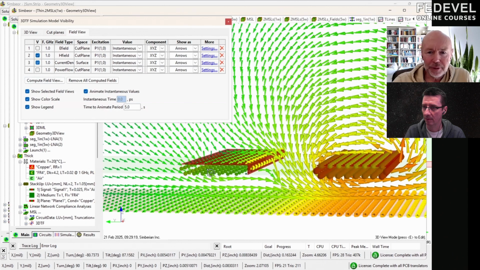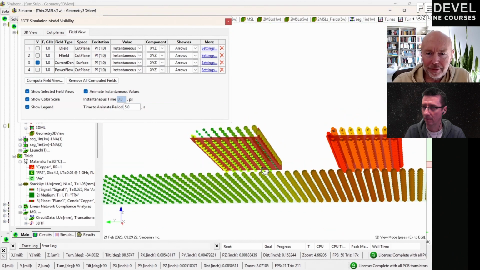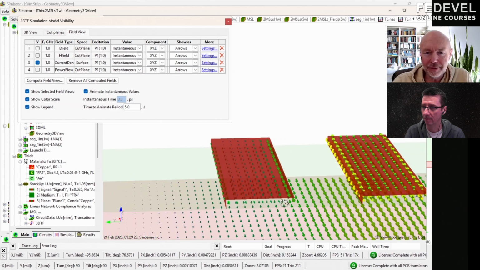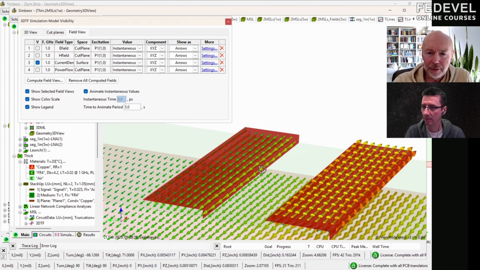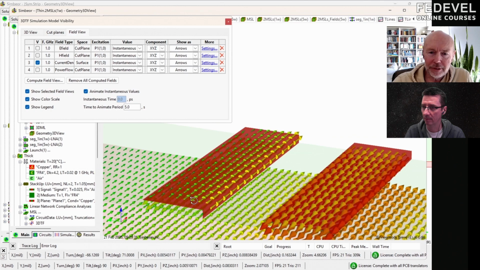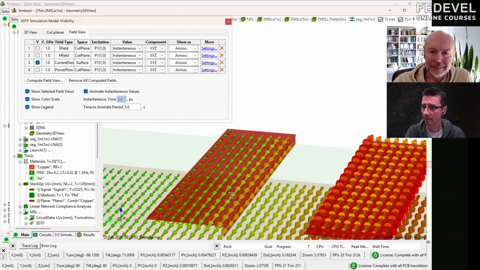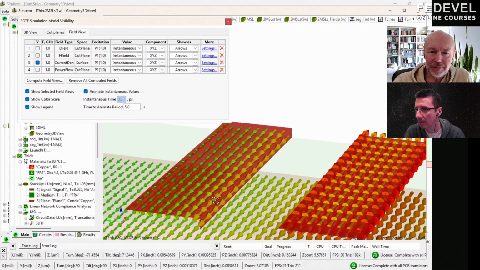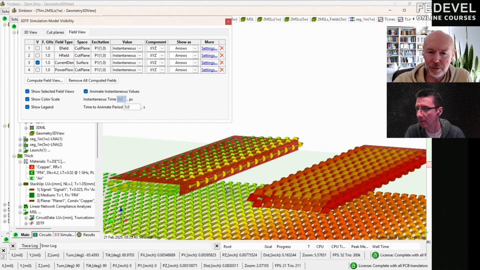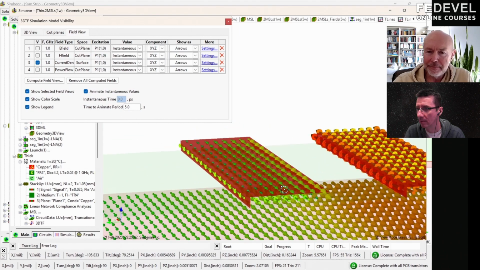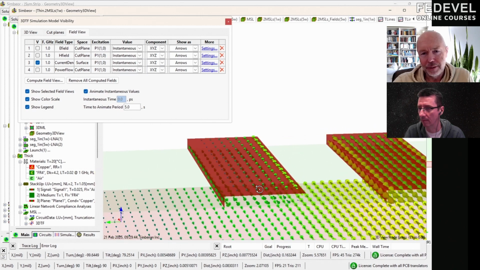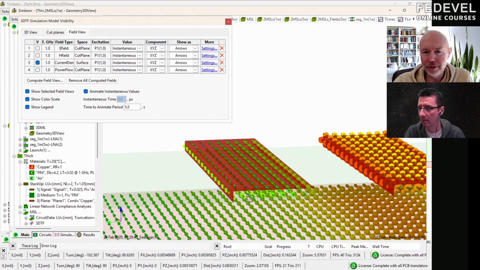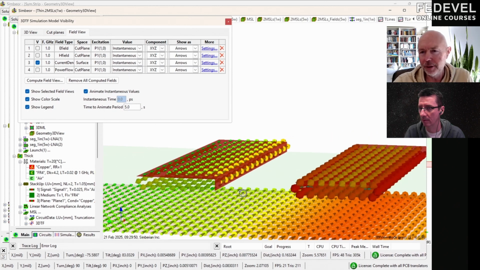Let me just take a look at the currents. Right here, currents are going in one direction. You can see right here. And on the other end, they are going in another direction. One of the currents is a source of far-end crosstalk, and another is near-end crosstalk. But at the same track, currents are flowing in opposite directions at different ends.